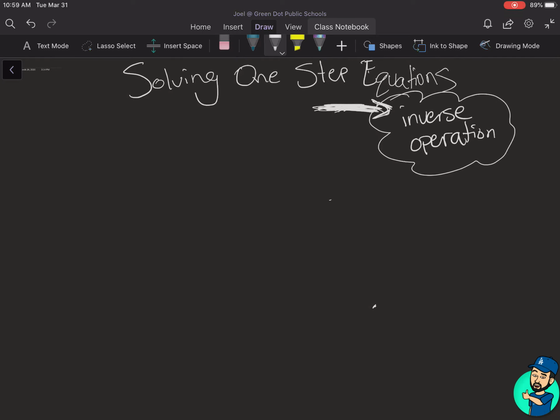Let's try 2x equals 10. Again, what operation is between the 2 and the x? Multiplication.